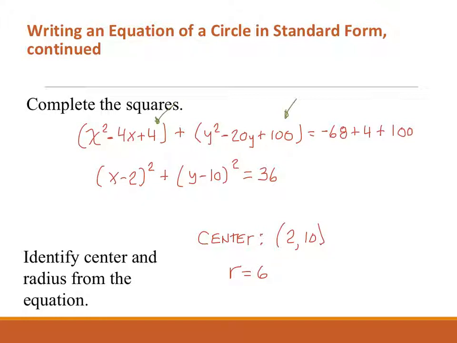But whenever we add 4 and 100 on one side, we have to add it on to the other side. Now we have the perfect squares, x minus 2 squared plus y minus 10 squared is equal to, when we add these all up, 36. So the center is at 2, 10, and the radius is 6.